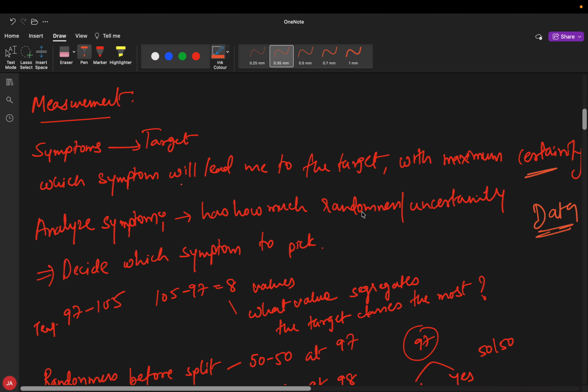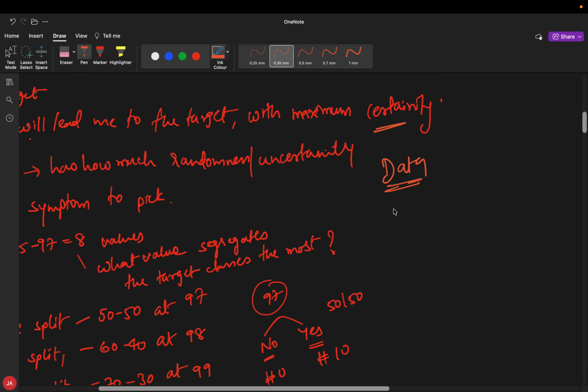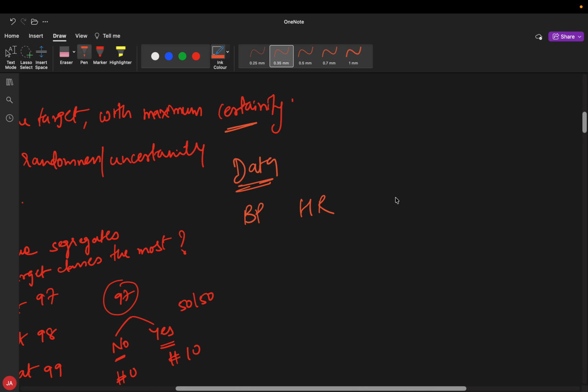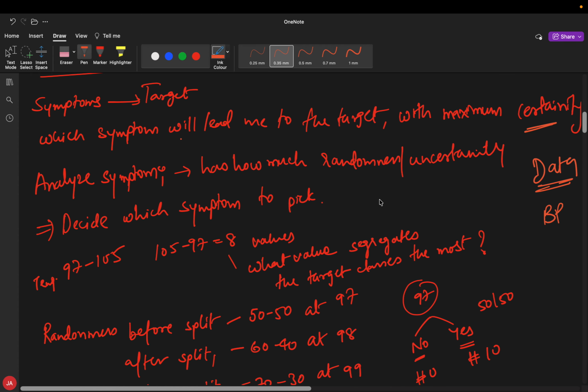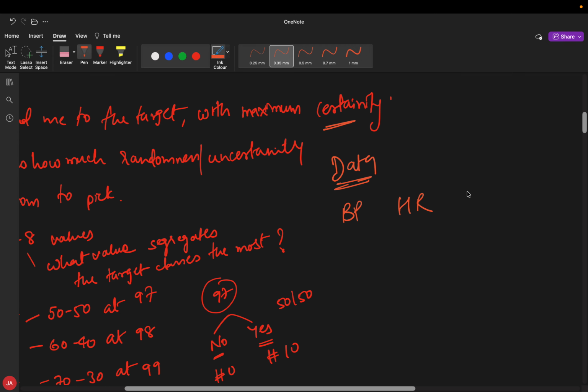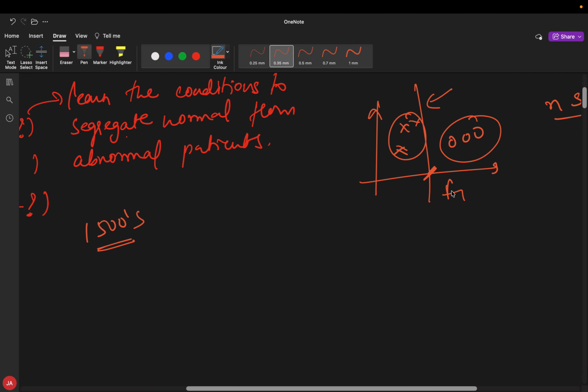We have the data: let's say symptom 1 is BP, symptom 2 is heart rate, and the last symptom is temperature.